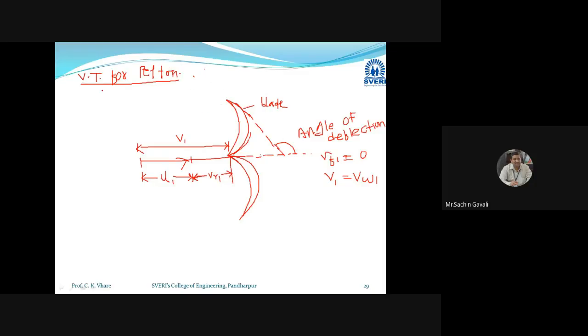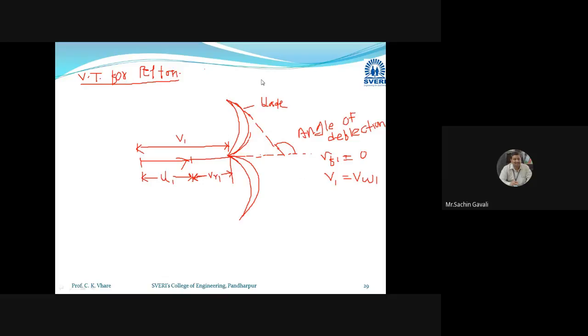Okay. Then the outlet triangle is the same, there is no change in outlet, but the inlet will be acting differently.